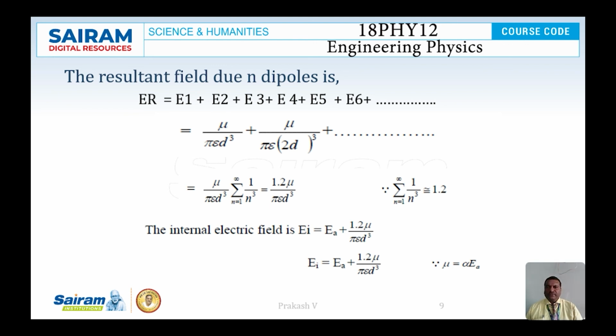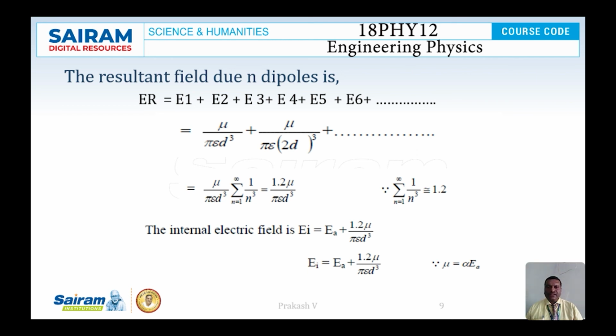After simplification, we get the term mu by pi epsilon d cube summation n equal to 1 to infinity 1 by n cube. The value of summation n equal to 1 to infinity 1 by n cube is approximately equal to 1.2. Therefore, the value of Er is equal to 1.2 mu divided by pi epsilon d cube.